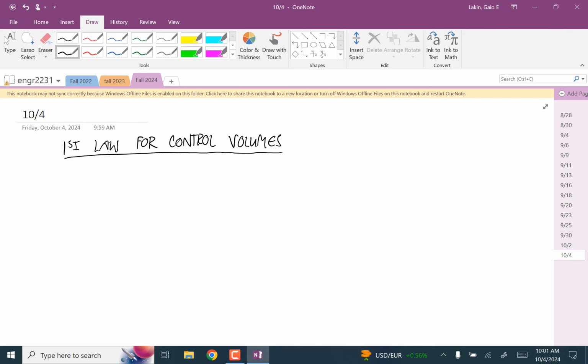So the full thing says dE/dt for the control volume is equal to Q dot for the control volume minus W dot for the control volume. So far, everything looks like what we're used to.